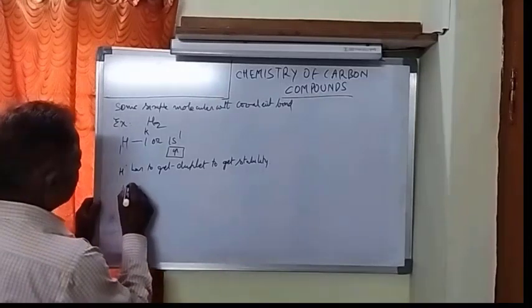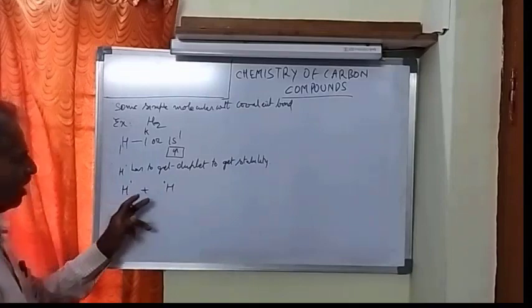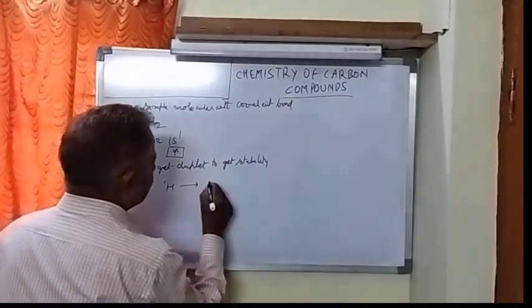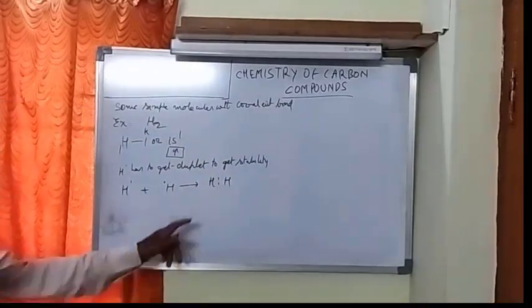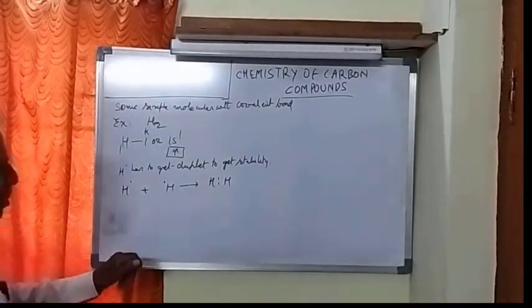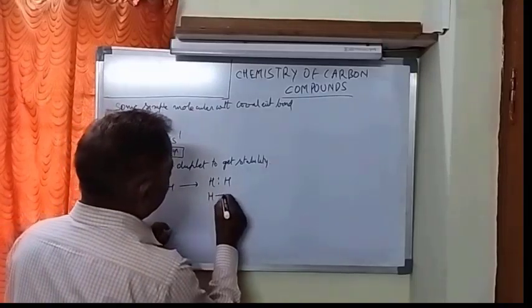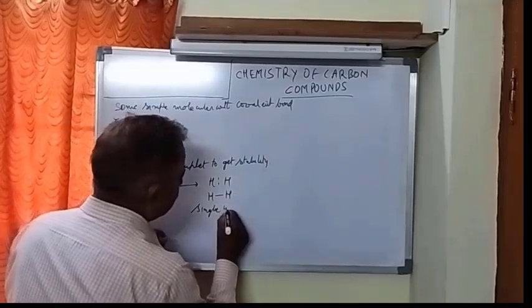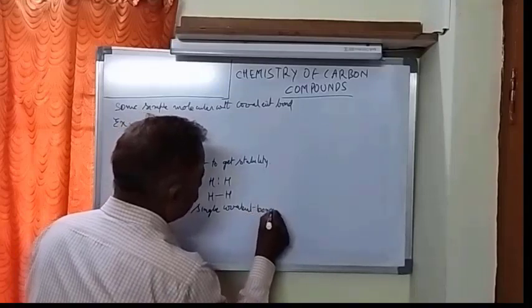So hydrogen here plus another hydrogen here. Two such hydrogen atoms contribute their unpaired electrons and form a pair of electrons in this manner. So H double dot H. Since only one pair of electrons is shared in between both the hydrogen atoms, it is called single covalent bond.